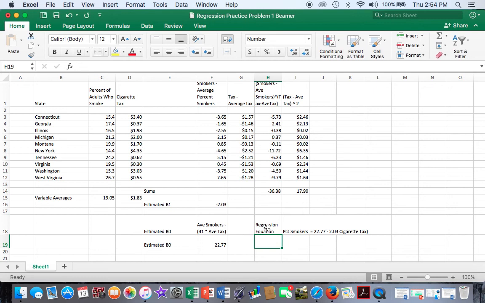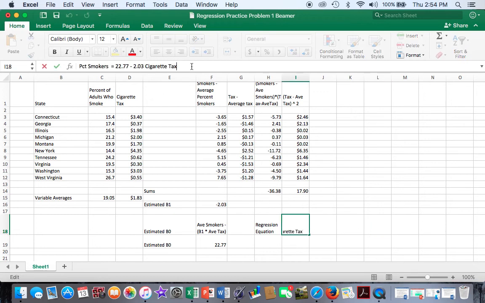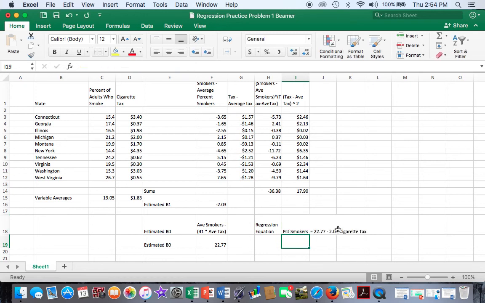And how I would interpret that is that if the cigarette tax were 0, and there was a place where nobody smoked by some miracle, the percentage of smokers predicted would be 22.77. If the tax were, let's say, 50 cents, then it would be 22.77 minus 2.03 times 0.5, so that would be 1.015.